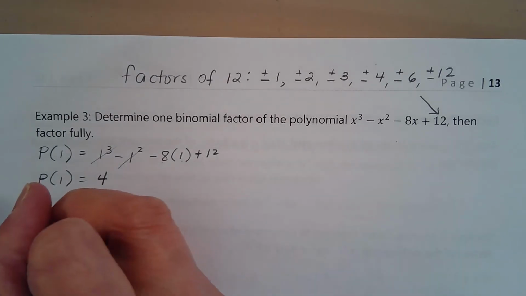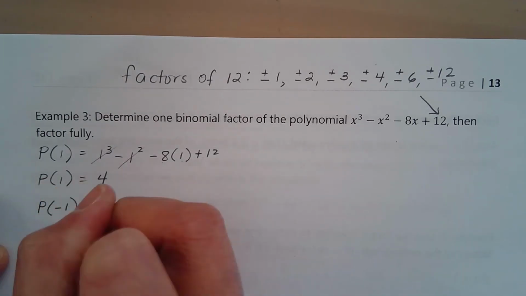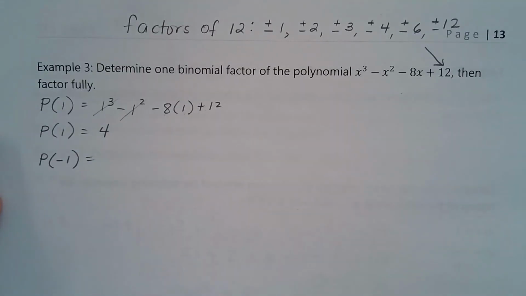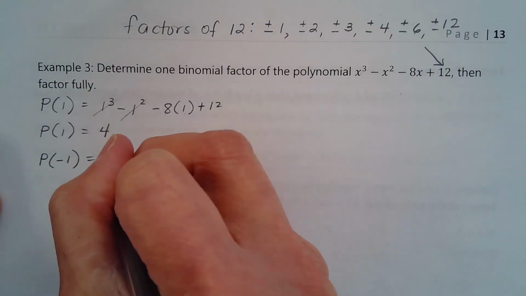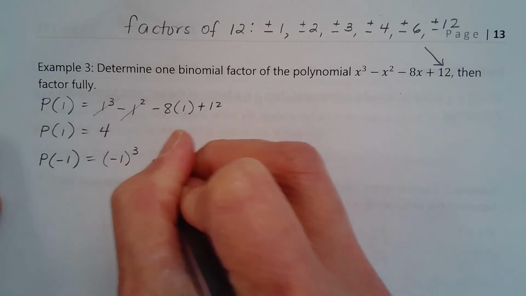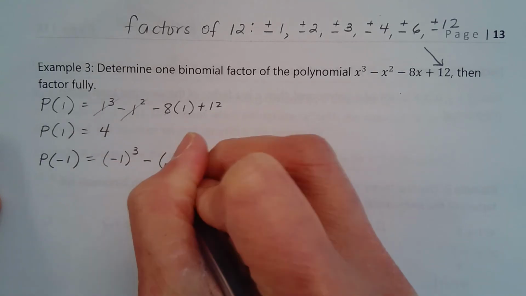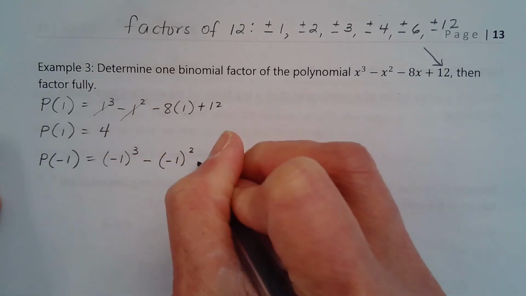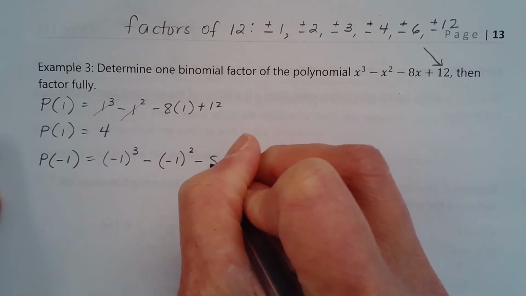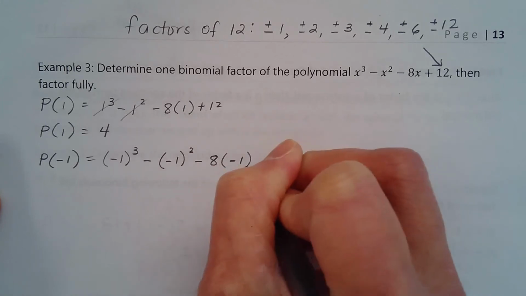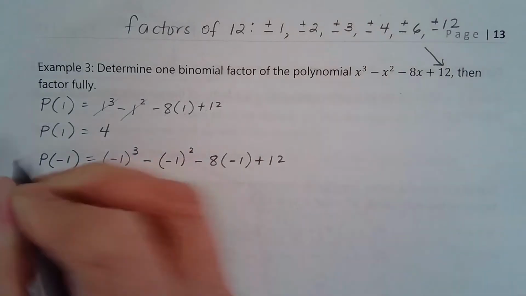Let's try P of negative 1. What would be P of negative 1? It's going to be negative 1 cubed minus negative 1 squared minus 8 times negative 1 plus 12.